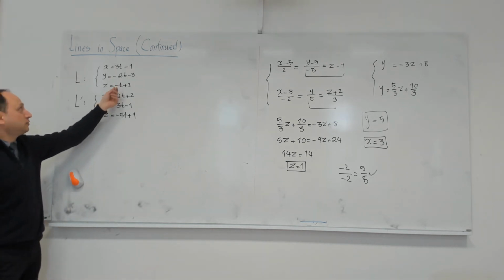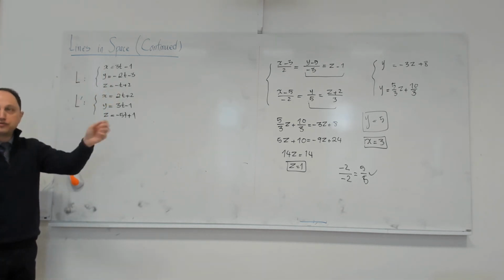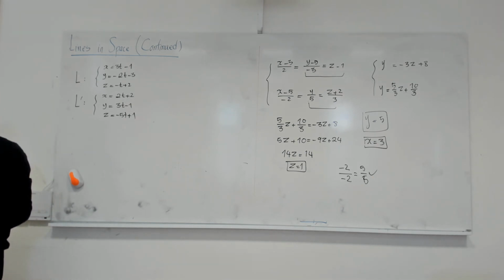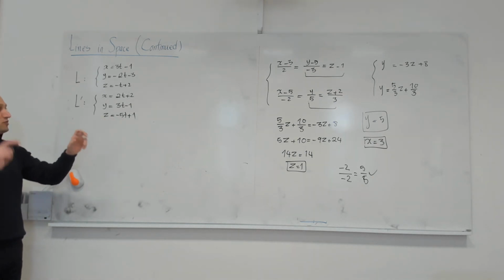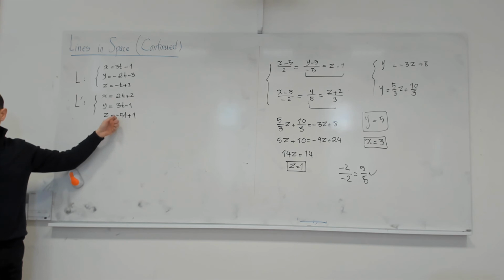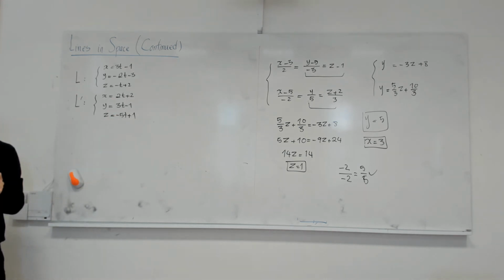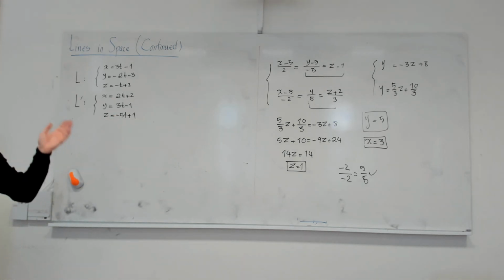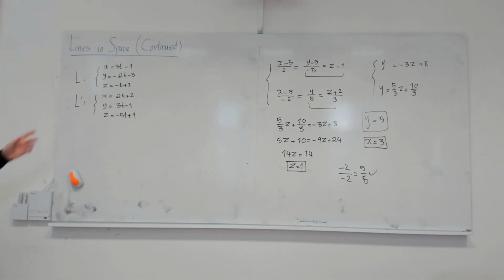So t is the parameter of the line that can move freely among the real numbers, and I am just pretending it is a free parameter for this one as well, but I'm using the same letter t for this and that. This is somehow common in writing these things, but if you want to be very careful, you have to change the name of the second parameter.